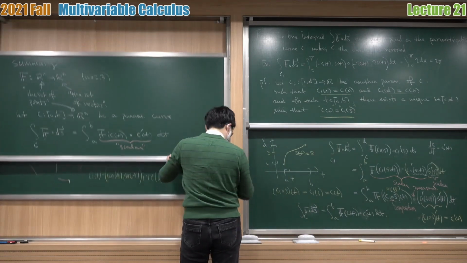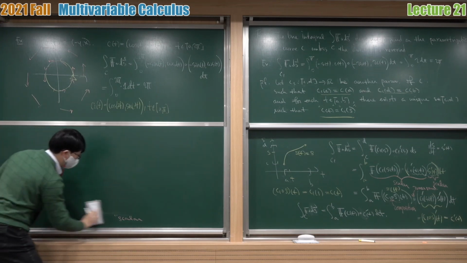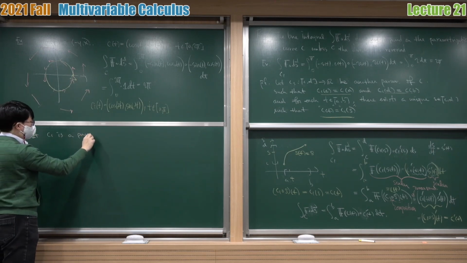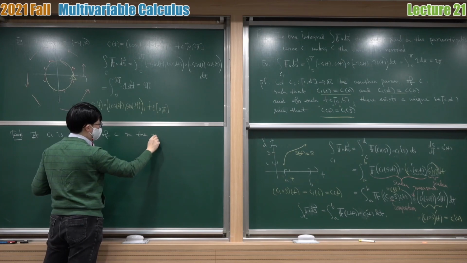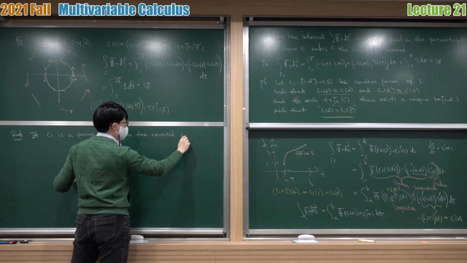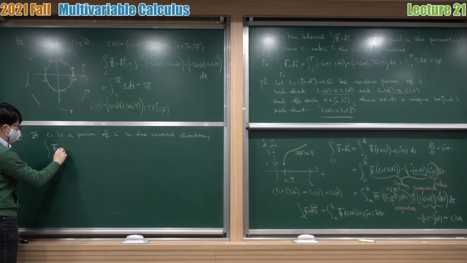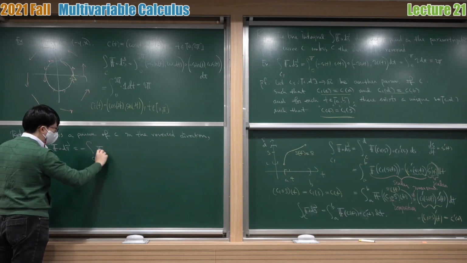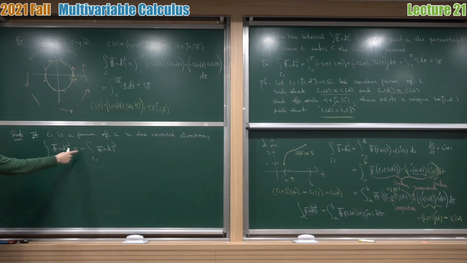So therefore, there's one more remark that you can infer from that formula: if C1 is a parameterization of C in the reversed direction, then the line integral along C is equal to the line integral along C1, which is the parameterization in the reverse direction, times negative 1.